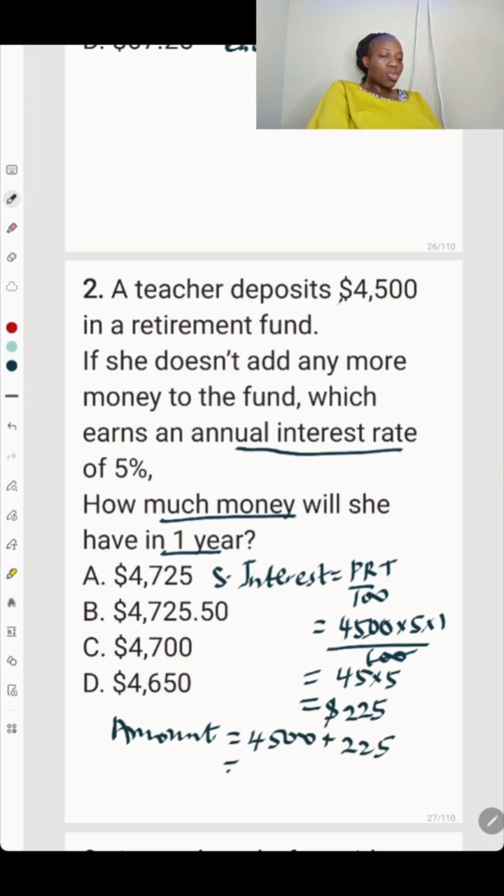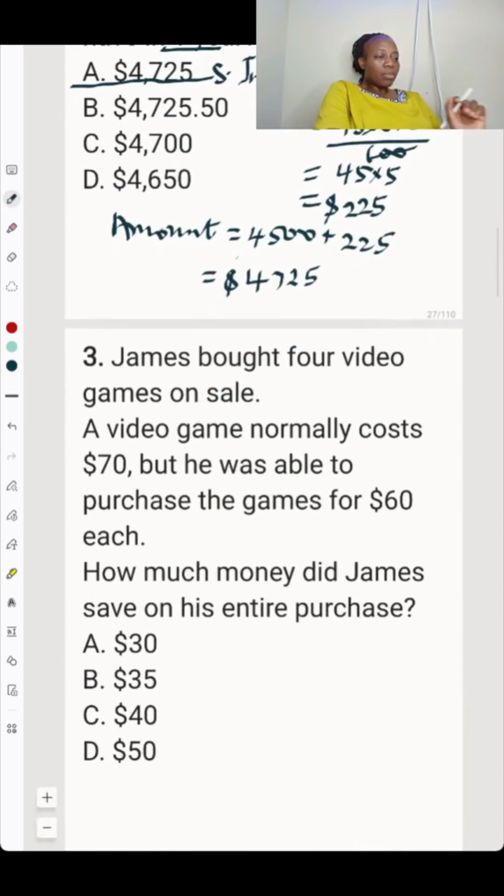Then that is going to be 5 plus 0, 5, then 2, that will be 7, then 4, and that will be in dollars. So that's going to be $4,725. Our answer is A. Let's go for next.